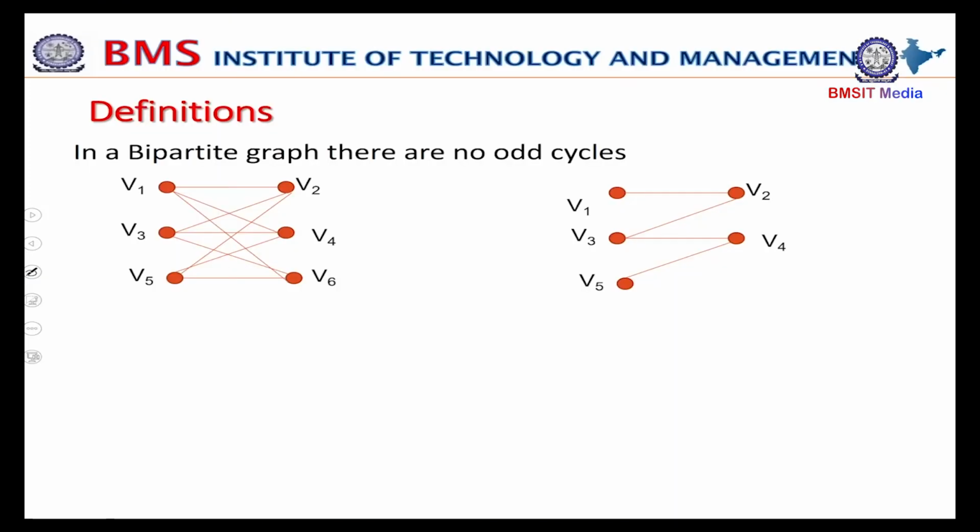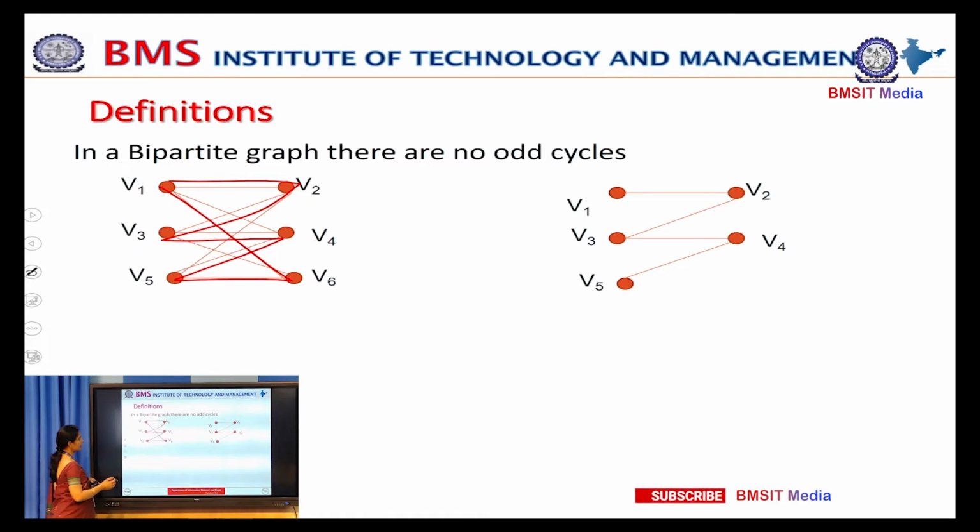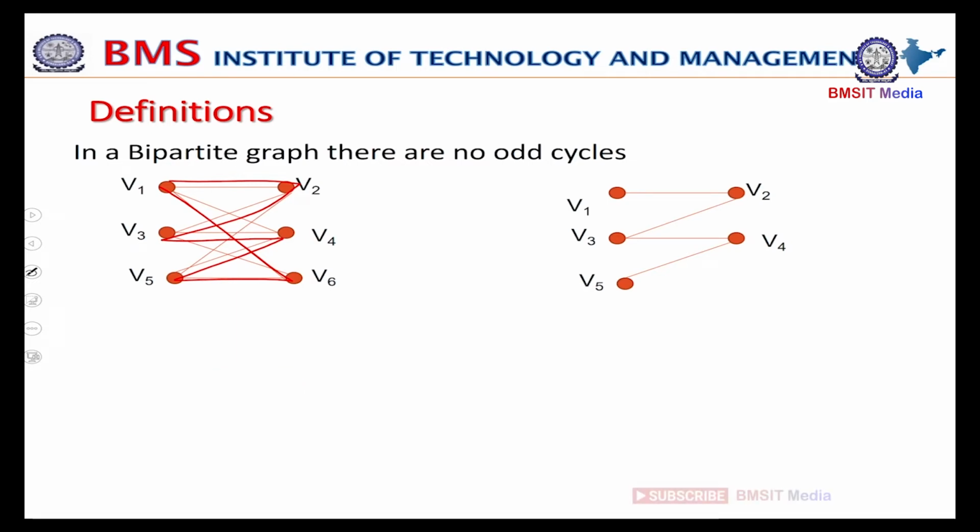Here we can form a cycle: V1 to V2, then V3, we can move like this and go here. We can form a cycle, but if we have an odd number of vertices, then a cycle cannot be formed.